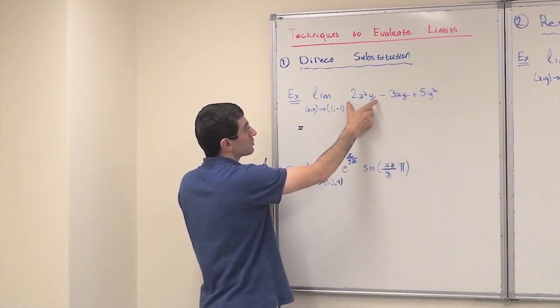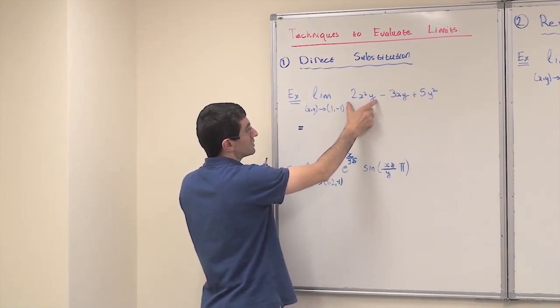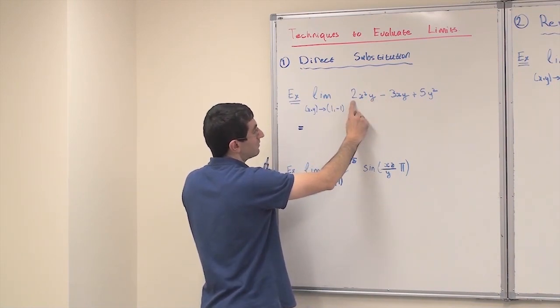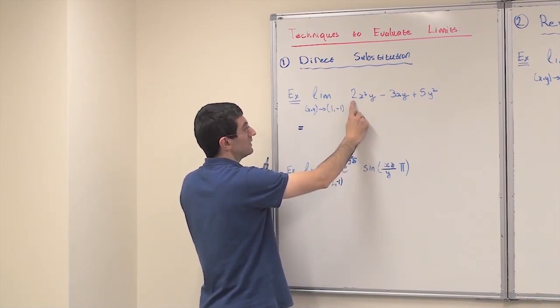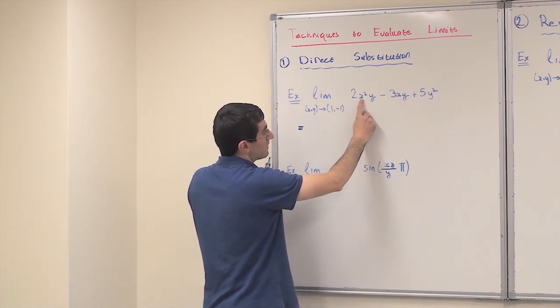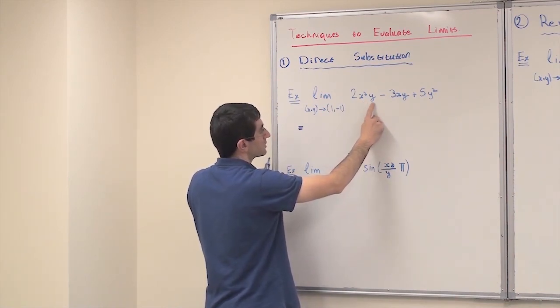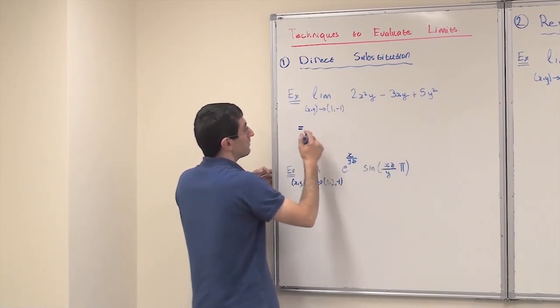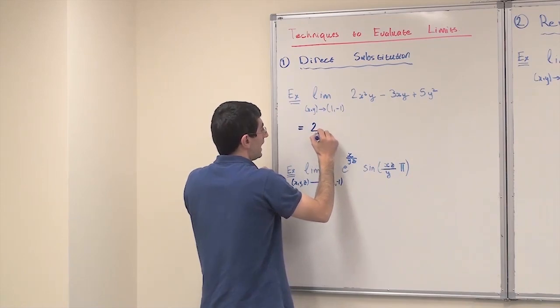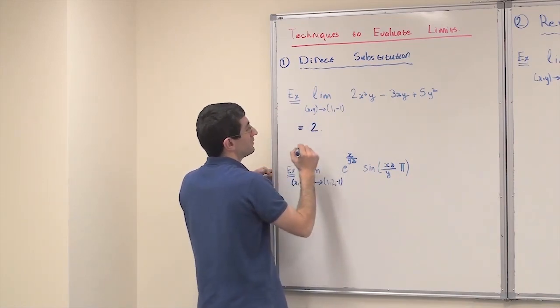If we focus on one part, 2x squared y, I can see that it is multiplied by 2, which is a constant, and the x squared times y part is a multiplication between the function x squared and the function y. So I can apply the limit properties, and I'm going to have the following.